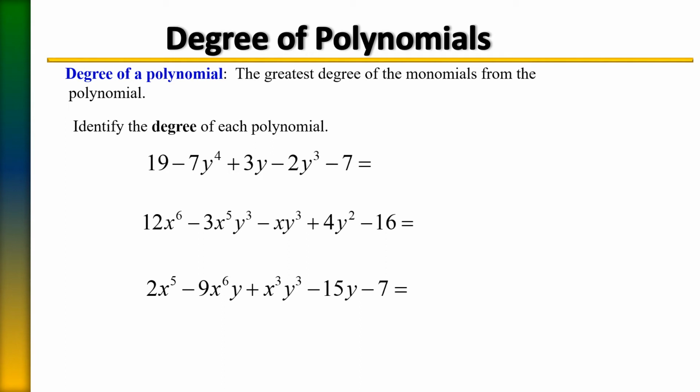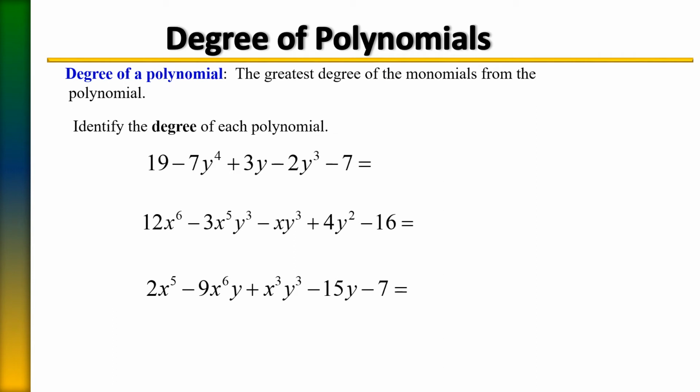For example, in this polynomial, or the first example, it has 1, 2, 3, 4, 5 monomials. Now, out of all those monomials, I want to know which monomial has the highest degree, because that will be the degree of my polynomial.